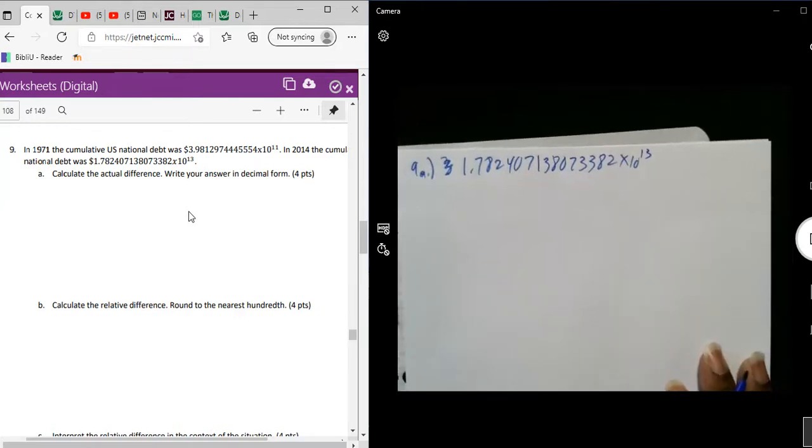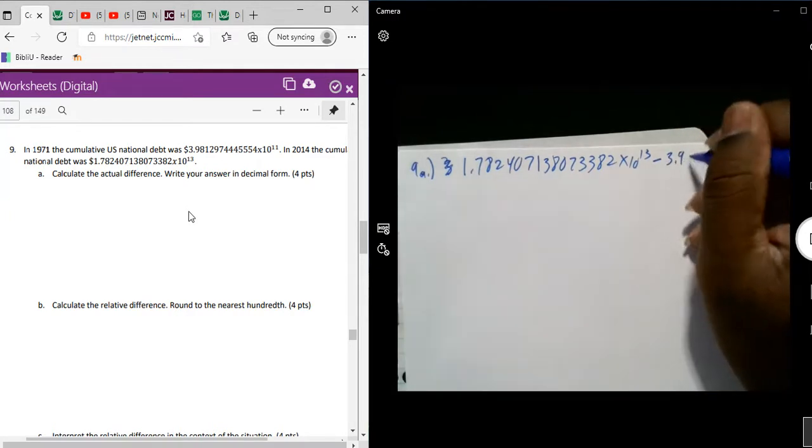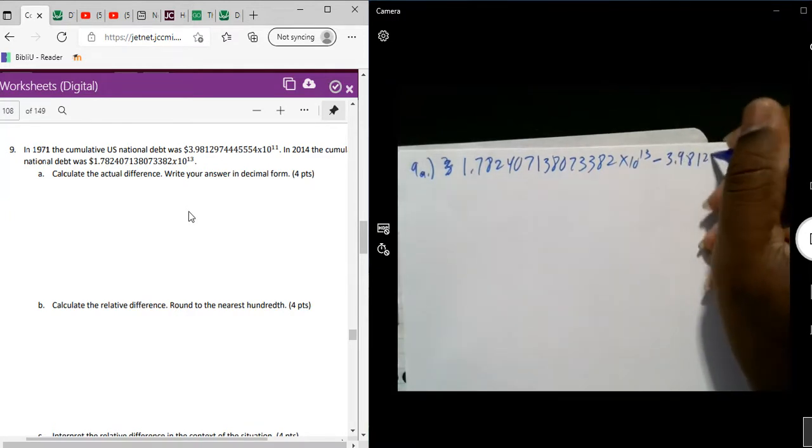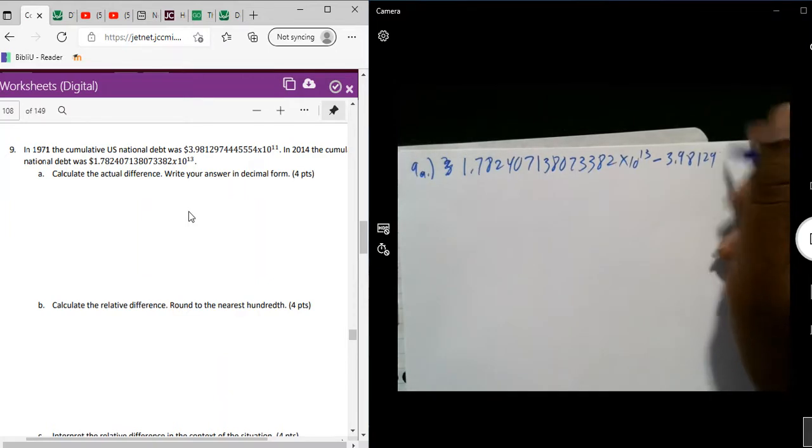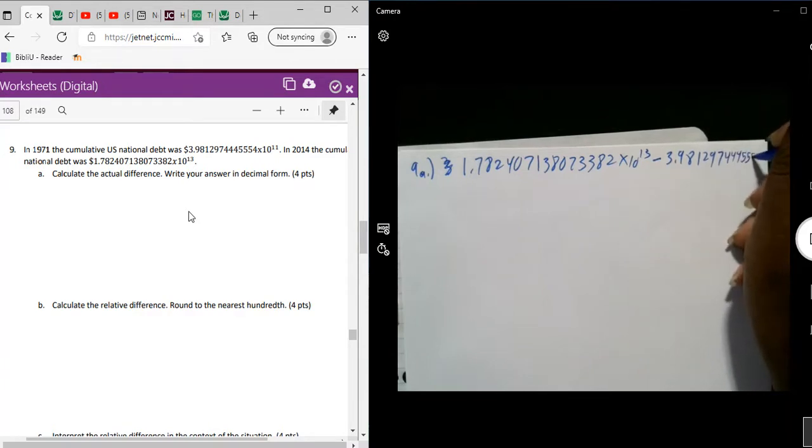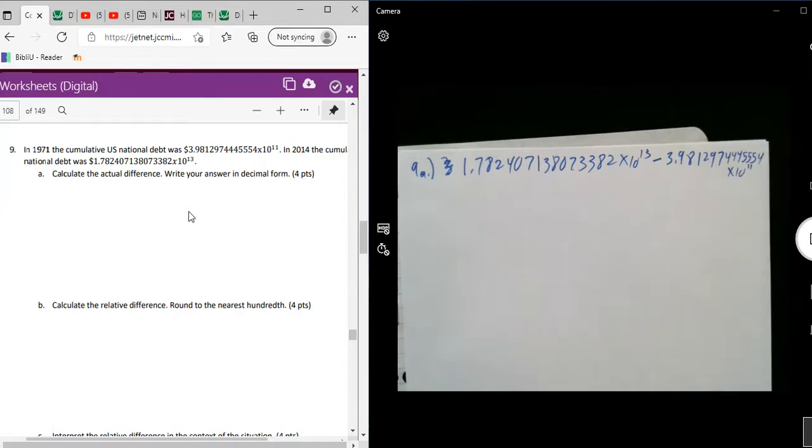That's the new value, minus the old or the original value, which is 3.98129734354 times 10 to the 11th power. Now, once we subtract these values, that will give us the actual difference.